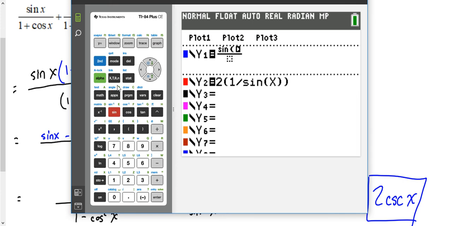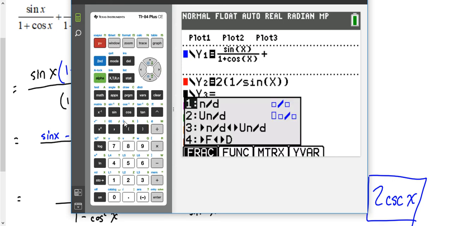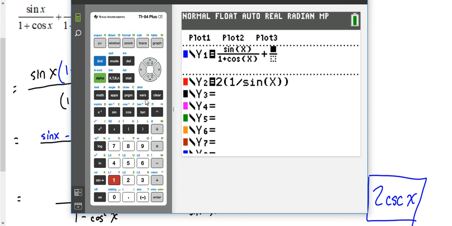If you don't have this, just be careful with the amount of brackets, but because I do have this option, I'm going to try my best to use it. Plus, and here we have sine x in the numerator, and on this side 1 minus cos x.